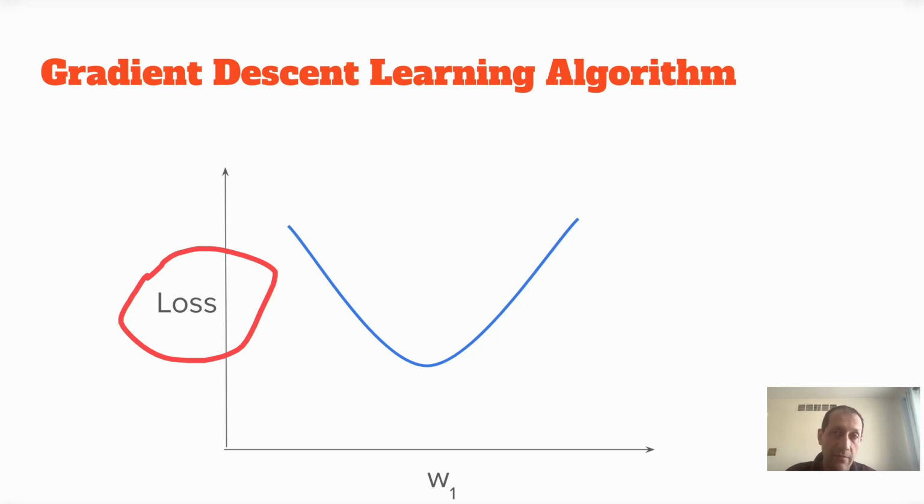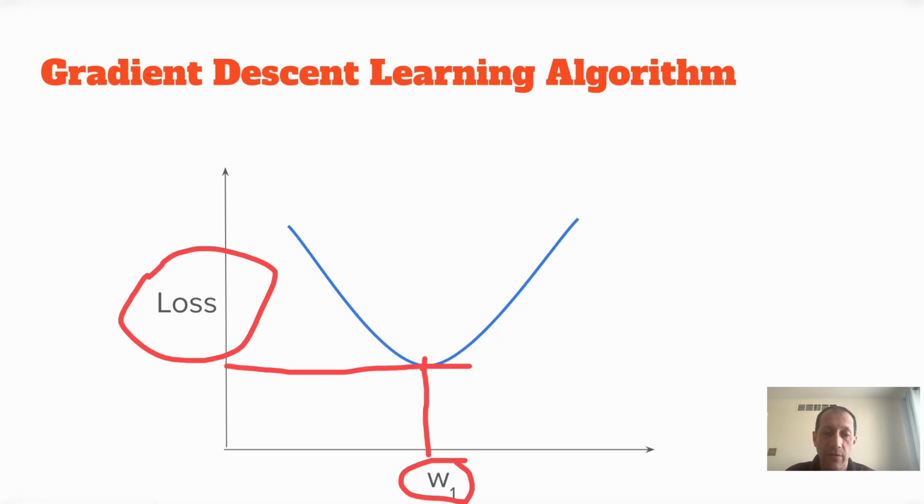You want to minimize it. That's the objective of your training, to tweak all of these model parameters, W0 and W1, to minimize that. So what does that mean? That means find the W1 value at this point, because this is where your loss is at minimum, right?